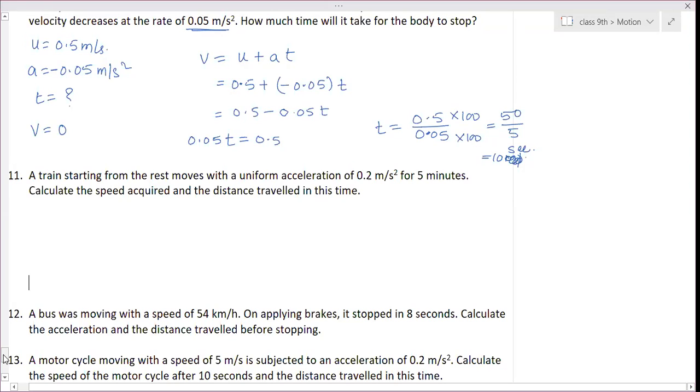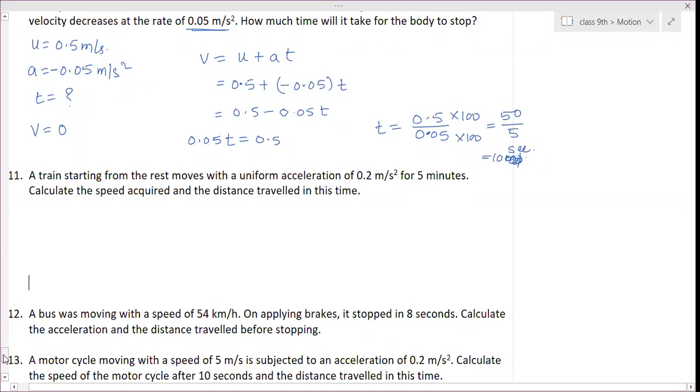Ma'am, is v 150 meter per second? No. Manual one is 60 per second. How will you get 60?